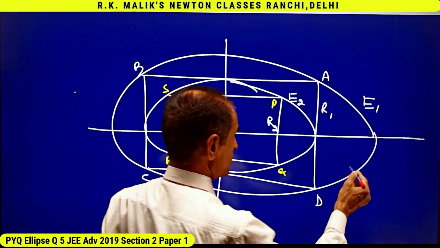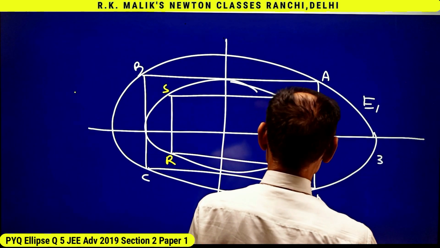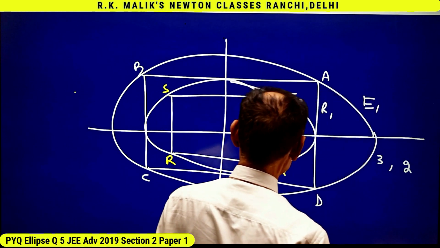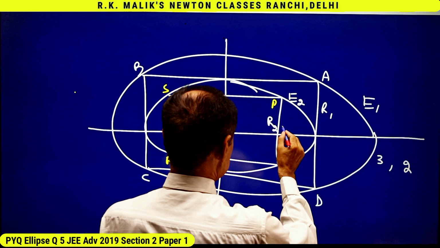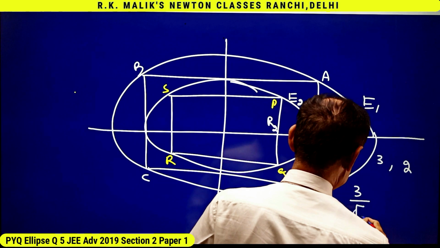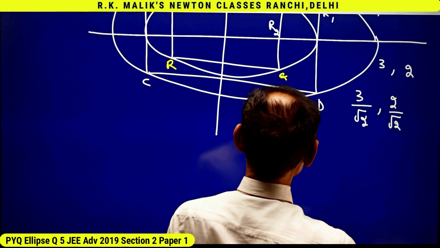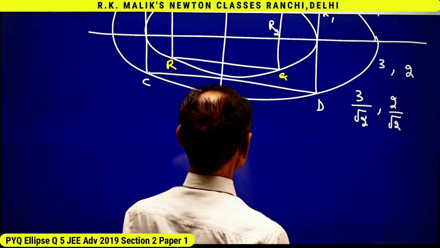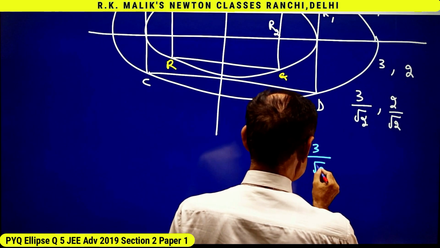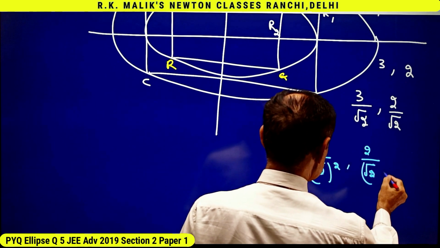As you had seen, the length of the semi-major axis in E1 was 3 and the length of the semi-minor axis was 2. In the case of E2, the length of the semi-major axis had become 3 by root 2, comma, 2 by root 2. The lengths in the case of E3 will become 3 by root 2 square and 2 by root 2 square.